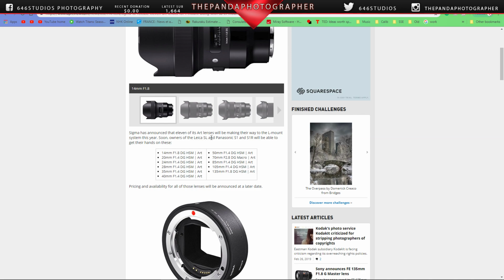A 50 f1.4, check that out, a 70 f2.8 micro lens, an 85 f1.4, a 105 f1.4, and a 135 f1.8. Sigma just dropped a bomb on the photographers out there that were bashing the relationship between Leica, Sigma, and Panasonic. How do you feel now?